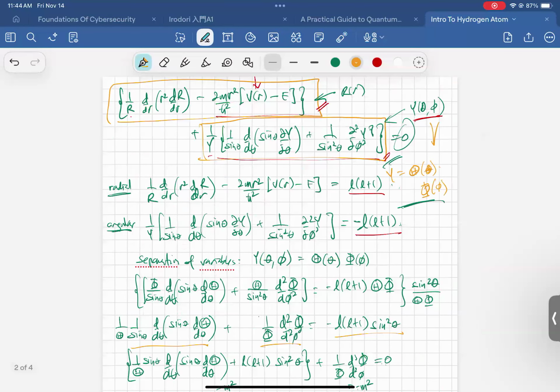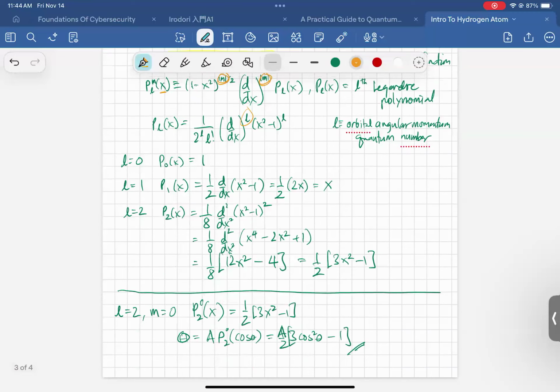Okay, so dito, di ba nilagay natin? So ito yung actually na-solve pa lang natin, yung angular component. Okay. So, sinabi natin na yung y ay equal sa product ng theta at saka ng phi. Okay, we know that we have an expression for this, and now we have an expression for this. Okay, so isulat na natin yung full expression ng angular component.